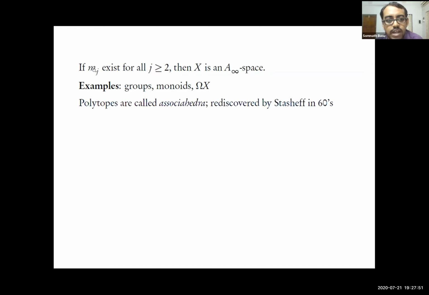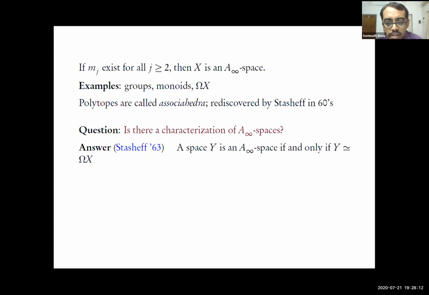Well, it's a space where these Mj's exist for all j. So M2, M3, M4, all the way. And examples, of course, groups are examples because it's strictly associative, so you don't need any higher correction homotopies. Monoids and base loop spaces, obviously. And I'll leave you with this quickly because I want to get to the other main point.